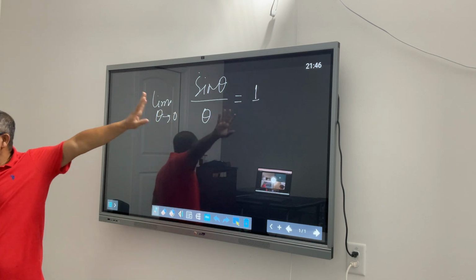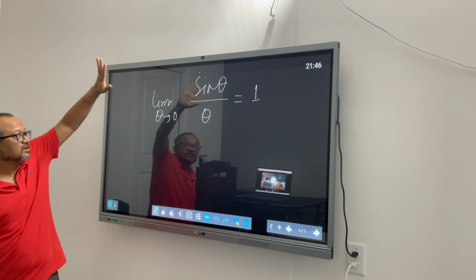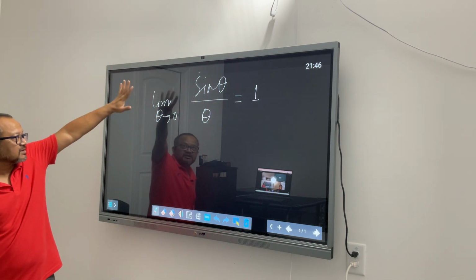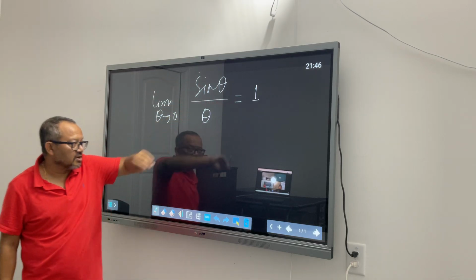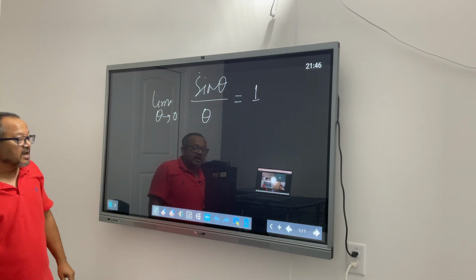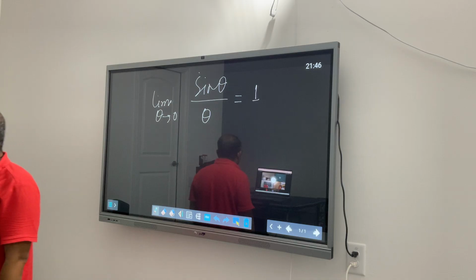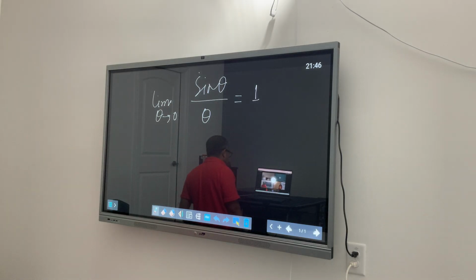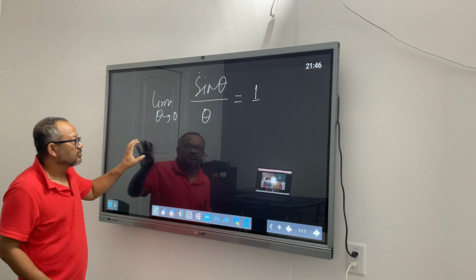But here, this is what we'll try to prove. The task at hand is that sine of theta by theta is equal to 1. We are trying to prove that. And here also we will use the squeeze theorem. We will eventually end up using the squeeze theorem, but that was just a clue.